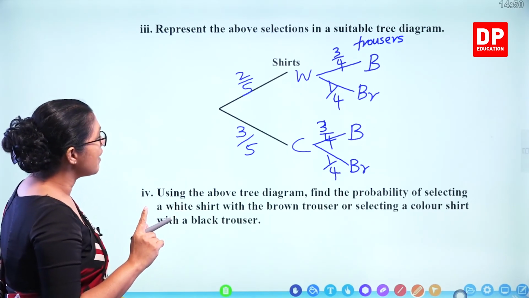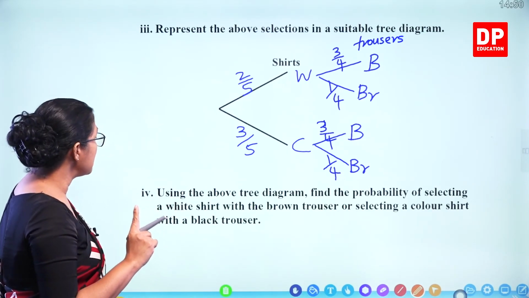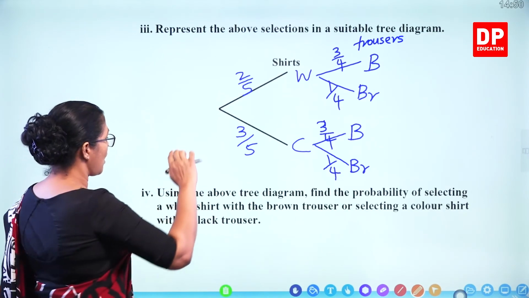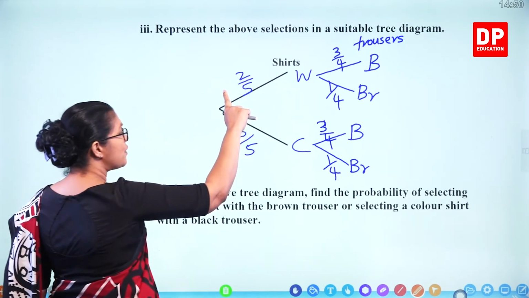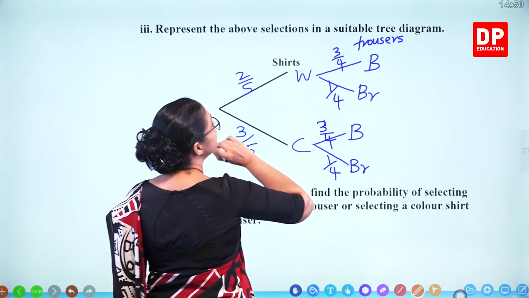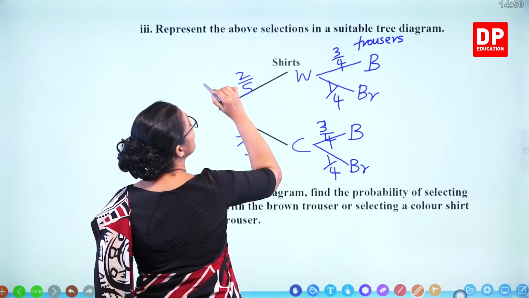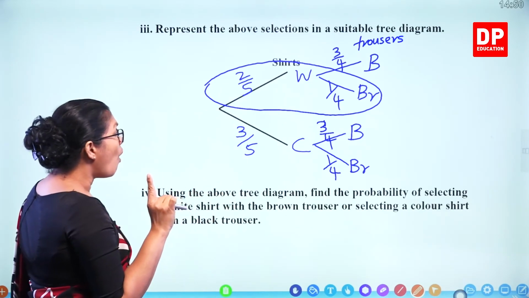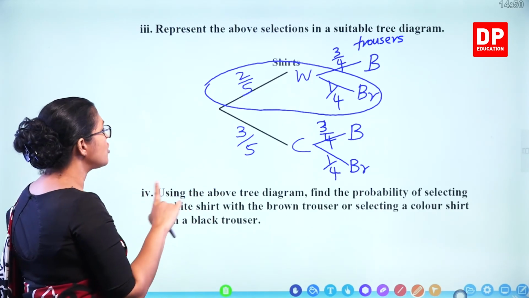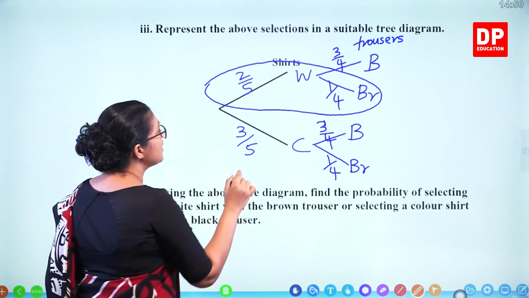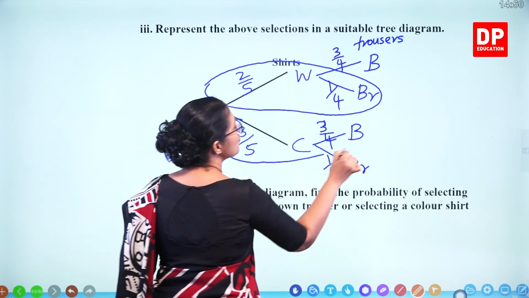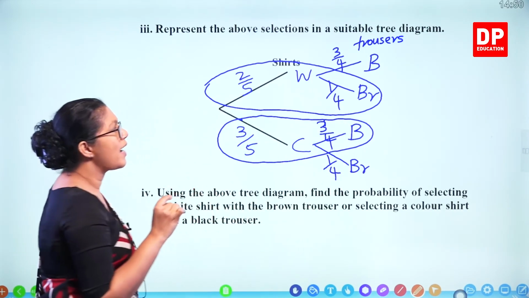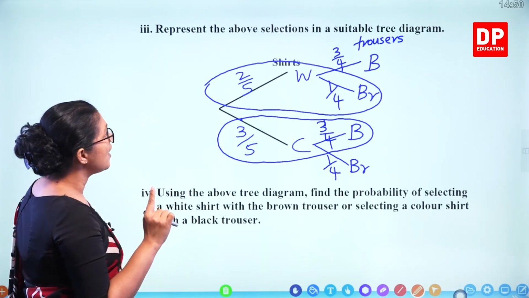Using the above tree diagram, find the probability of selecting a white shirt with brown trouser, this branch, or selecting a color shirt with black trouser. These 2 branches you can consider. So what are the probabilities?